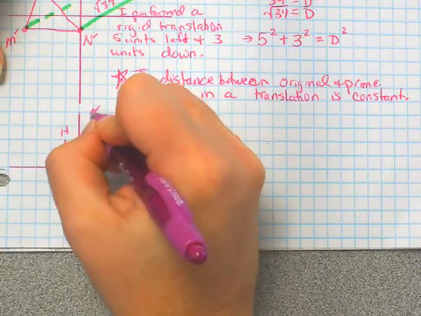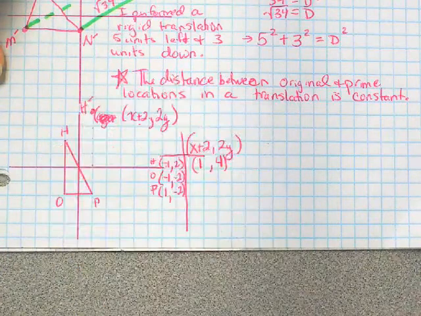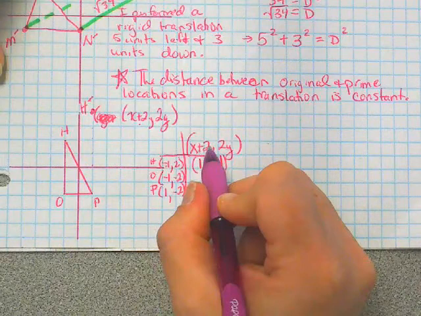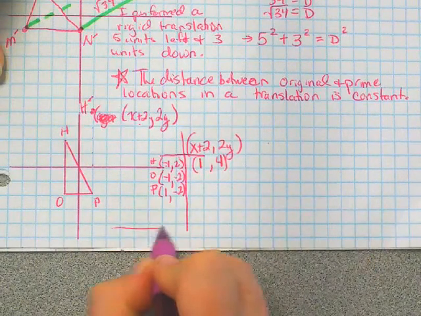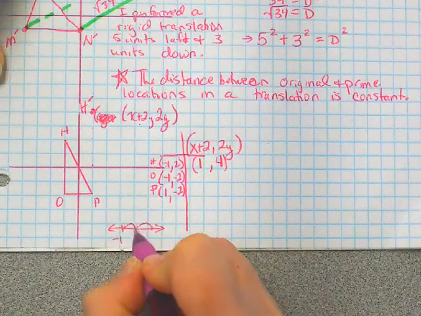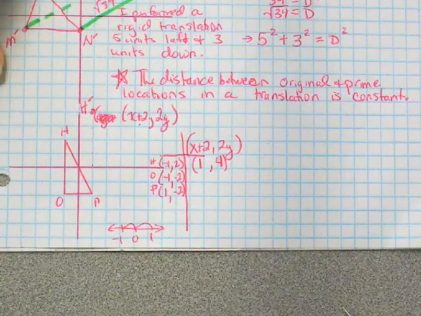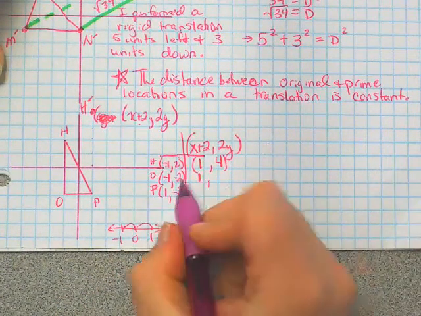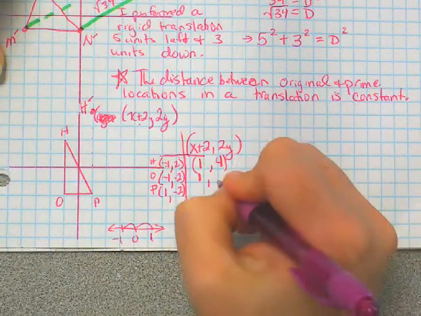So H prime would go at 1, 1, 2, 3, 4. Here's H prime up here. -1 plus 2. So on a number line, if I'm at -1 and I add 2, there's 0 and there's 1. So -1 plus 2 is 1.